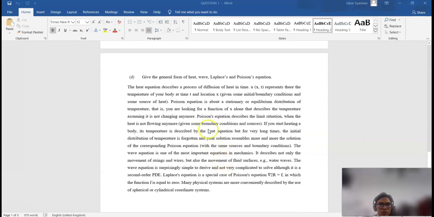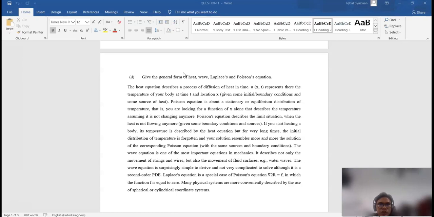So last question, general form of heat, wave, Laplace and Poisson's equation. The heat equation describes a process of diffusion of heat, where U represents the temperature of a body at a given time and location.